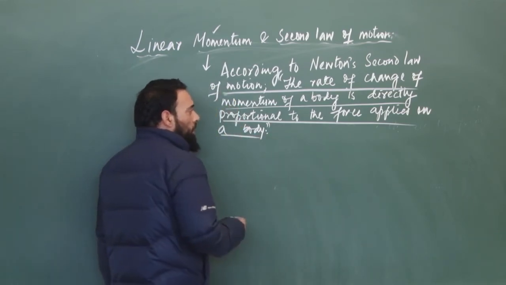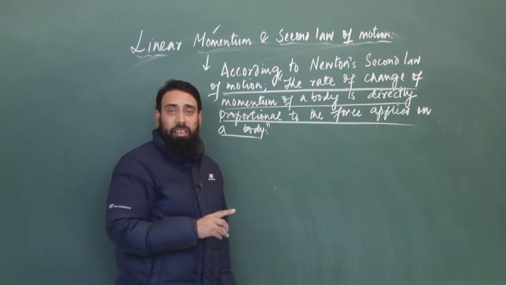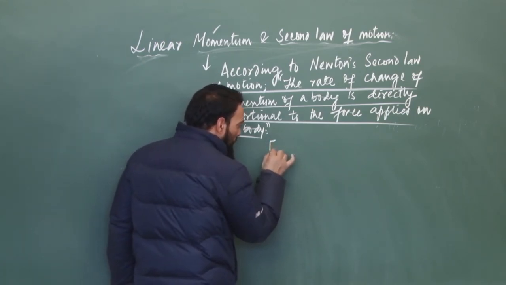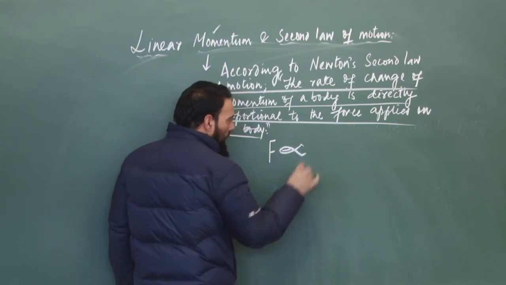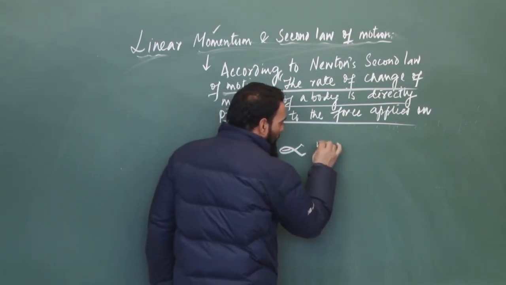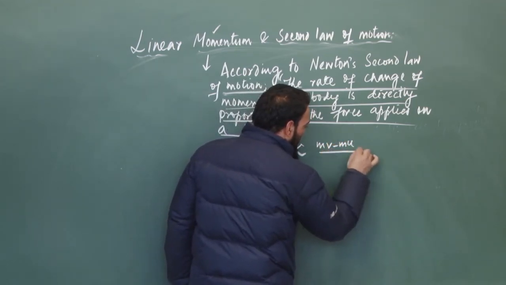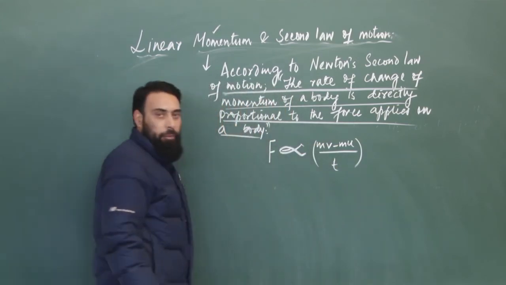You have seen in the previous example that the force applied is F. So F is directly proportional to mv minus mu divided by t. This is the rate of change of momentum.